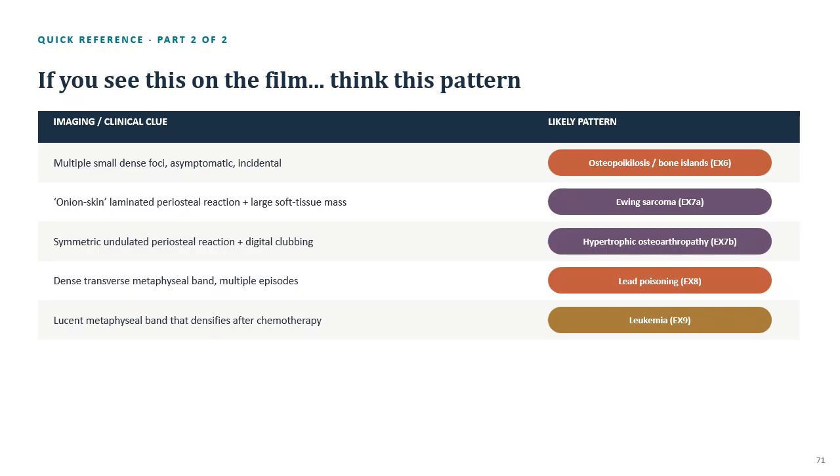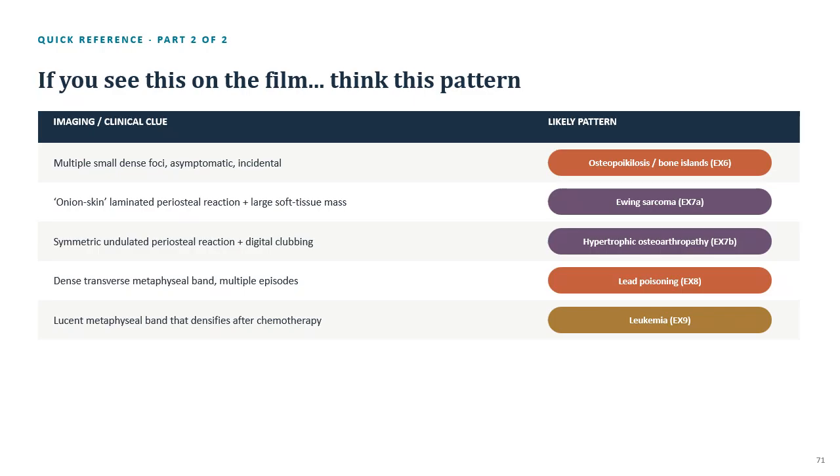And last but not least, if we are looking at metaphyseal bands that are dark at diagnosis and become more dense after chemo, they can lean toward the patient having had leukemia. That response can actually change the color of the bands after the patient is done with their chemo treatment.